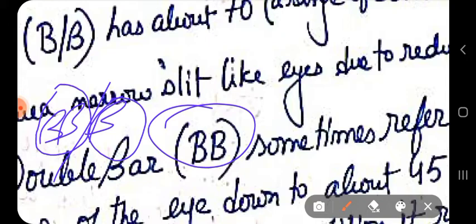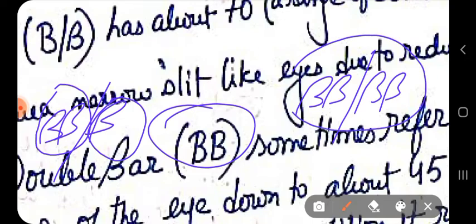And if both chromosomes of the homologous pair have the extra allele for the bar feature, then the number of facets will reduce more, to 25. So 25 facets will be present in each eye.